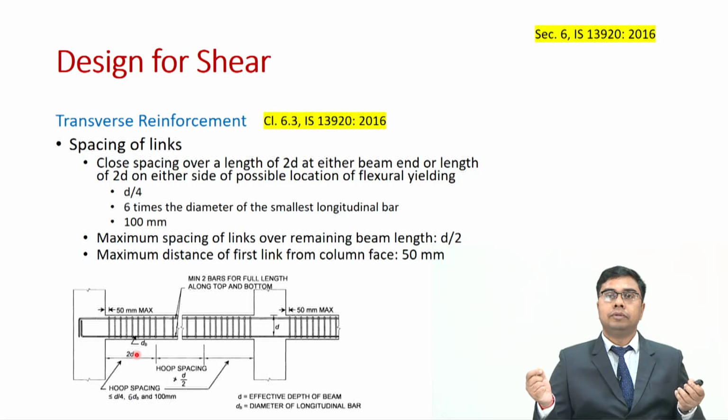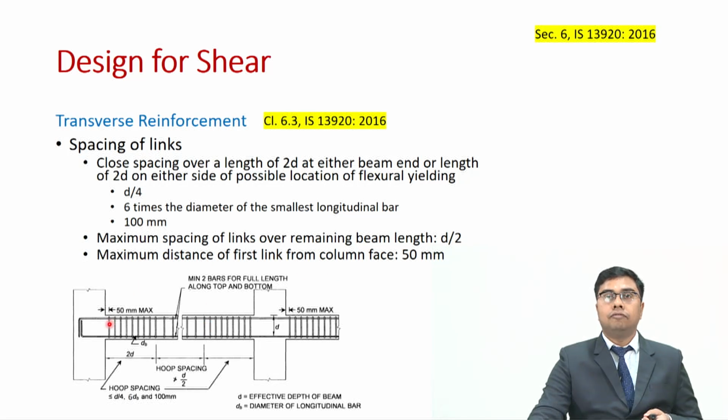So, that is why from the column face up to distance of 2d, you need to have closer spacing of stirrups, which will be having the spacing not more than these values, and the maximum spacing of links over the remaining beam length will be d by 2. So, there you have little relaxation.